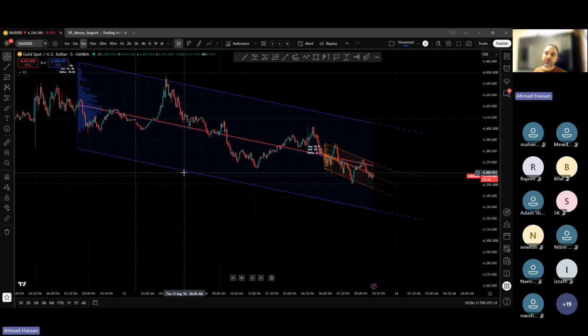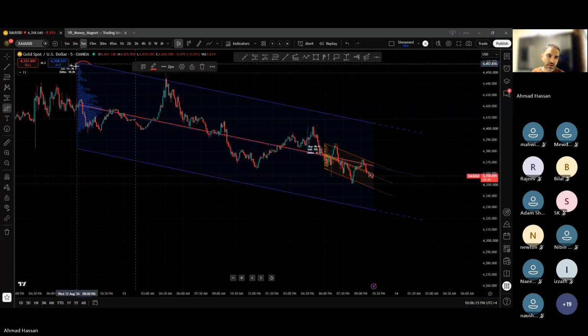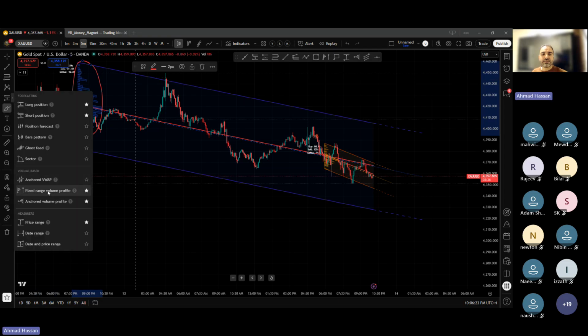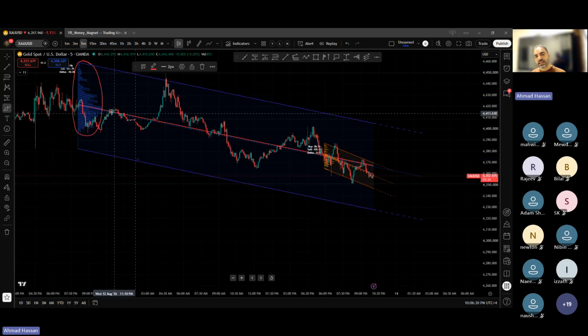Okay, one more thing before I move forward. Remember this area. What is this area? This is basically a fixed range volume profile I've added, let me show you. It shows where more entries are coming in from buyers and sellers.